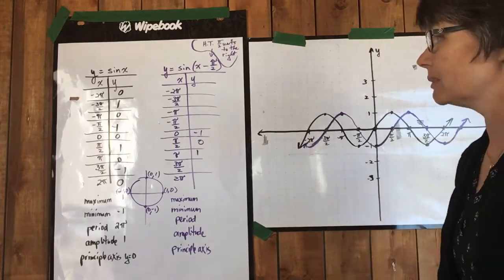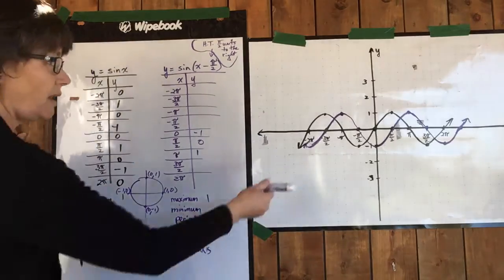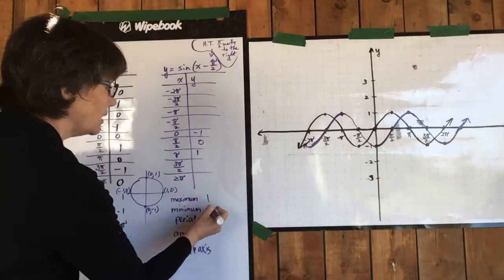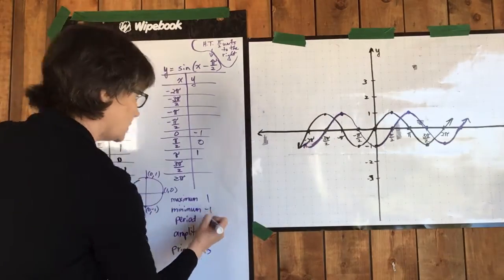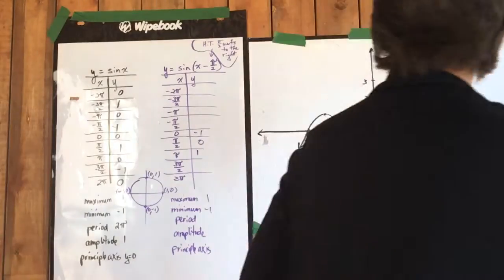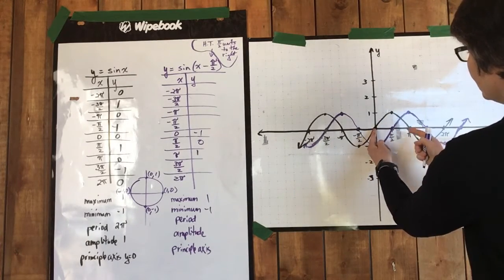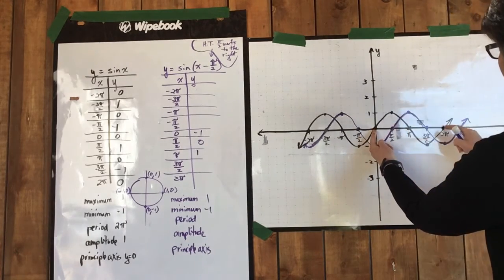All right, so maximum. Has the maximum changed here? No, maximum is still at 1. That's as high as the graph goes. The minimum is still at -1. The period also has not changed. That period is still the same. Period of y equals sine x, the black graph, starting here, starts to repeat itself here.